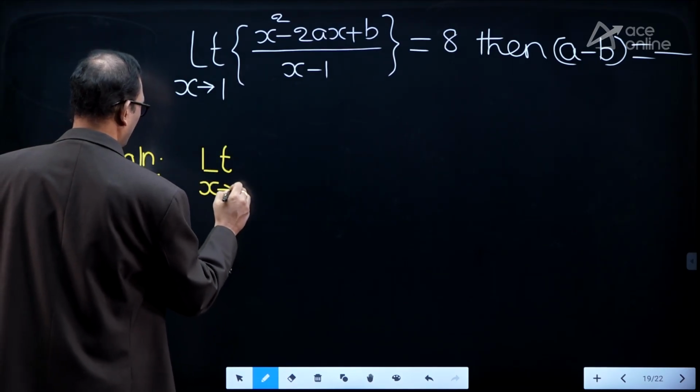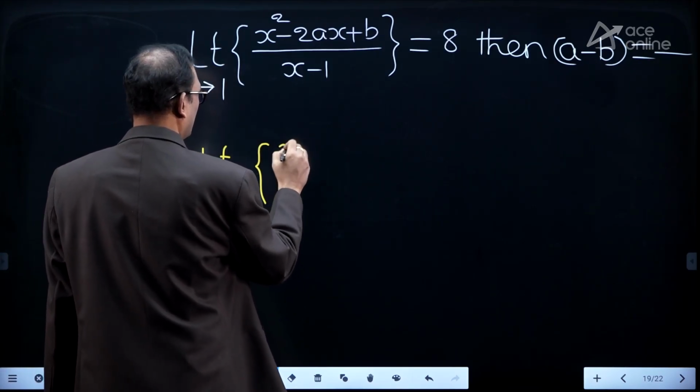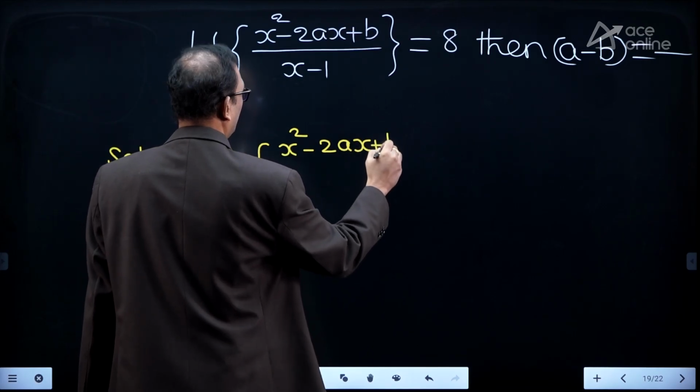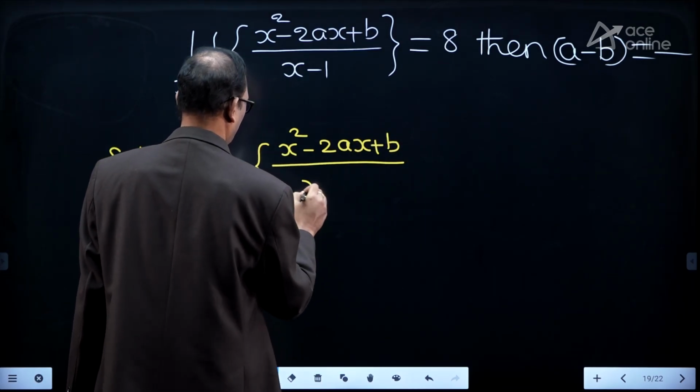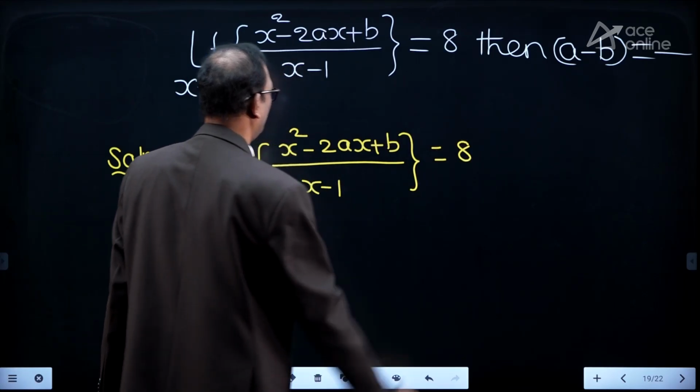The limit as x tends to 1 of the numerator x square minus 2ax plus b, divided by x minus 1, equals 8.